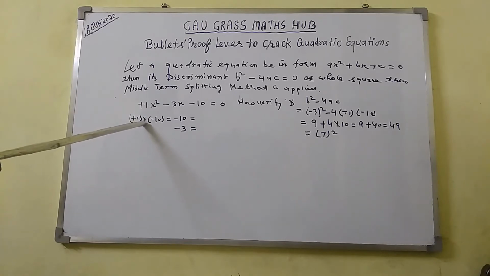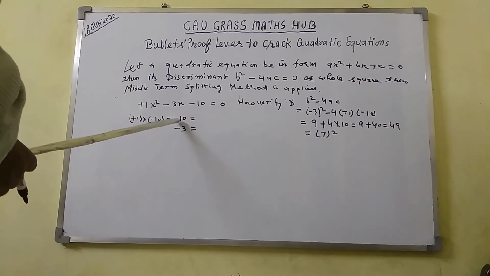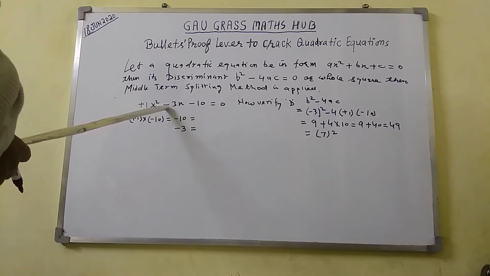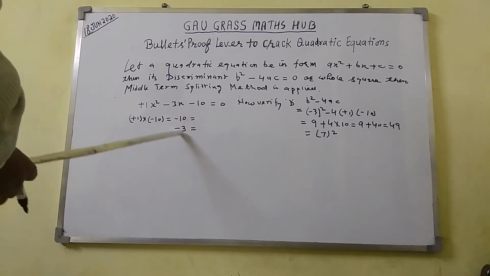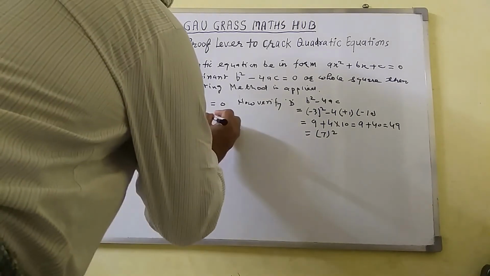In between, the multiplication sign will be there. After that, plus 1 and minus 10 will be multiplied together. The result will be minus 10. And just below minus 10, write the coefficient of x, that is minus 3.